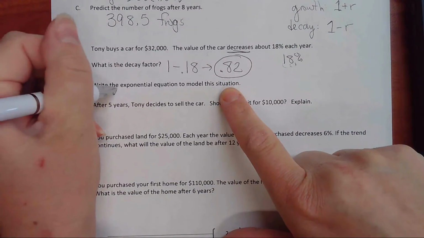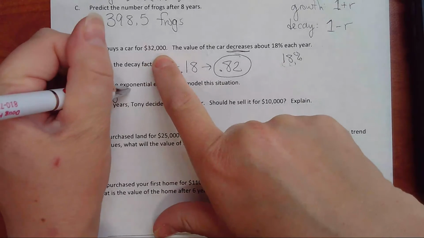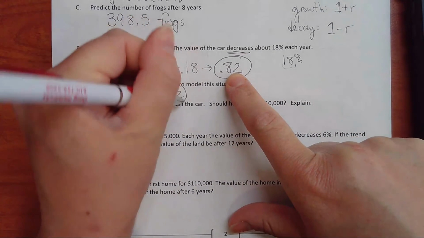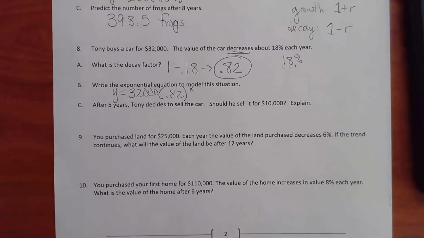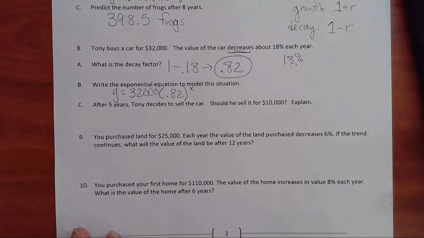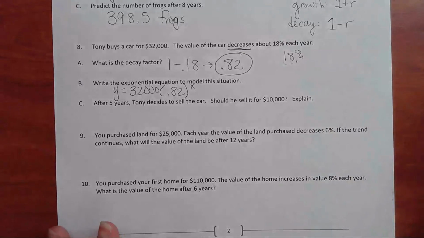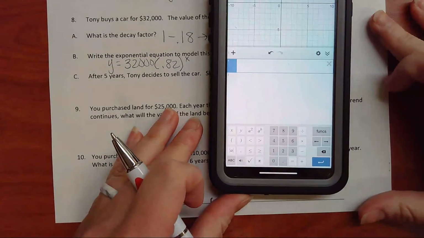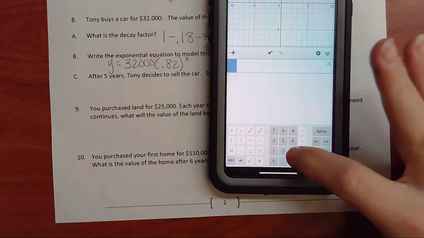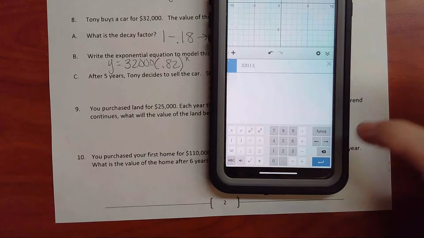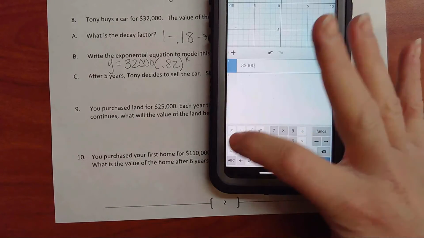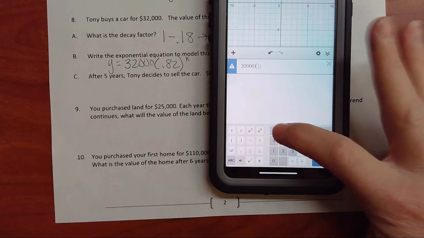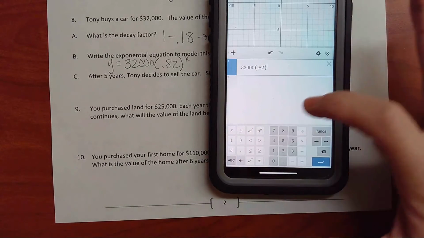So we do y equals starting value, decay factor, to the x. And it says after 5 years, Tony decides to sell the car. Should he sell it for $10,000? Well, let's see how much his car is worth after 5 years. 32,000, parenthesis, 0.82 raised to the 5.